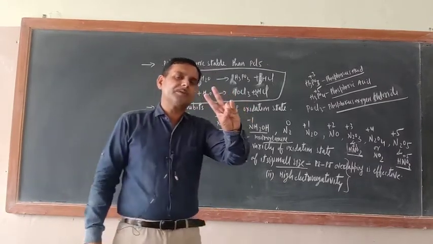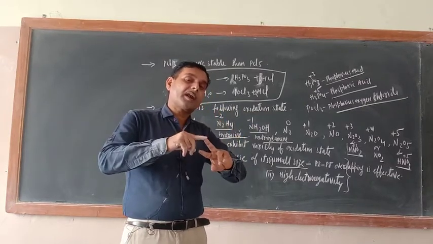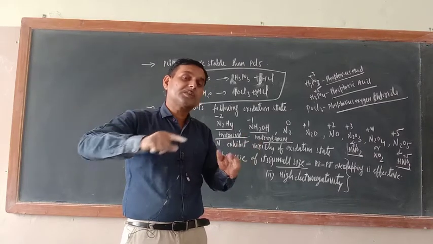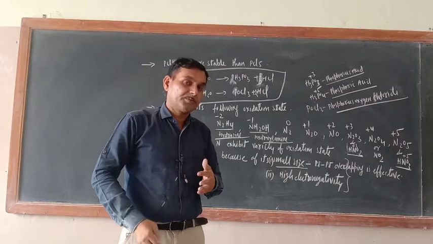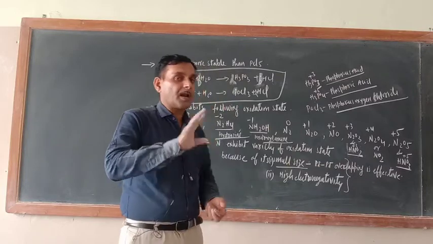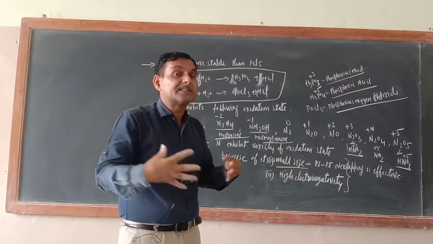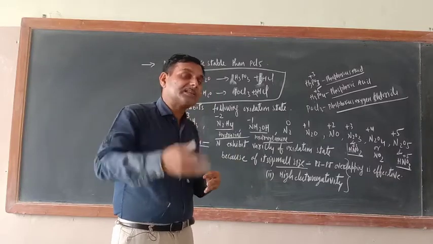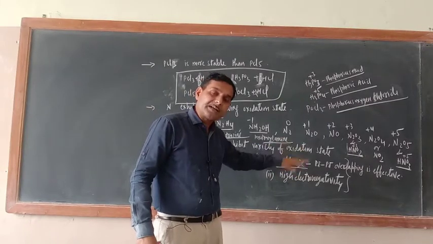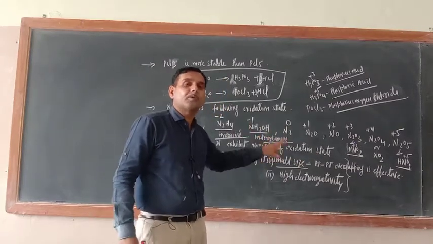It means if two atoms are overlapping, and the p orbital of one atom overlaps with the p orbital of the other atom laterally or sidewise, then it is called p-pi overlapping. So small size is helping in effective overlapping, that is p-pi overlapping. That is why it exhibits a wide variety of oxidation states.